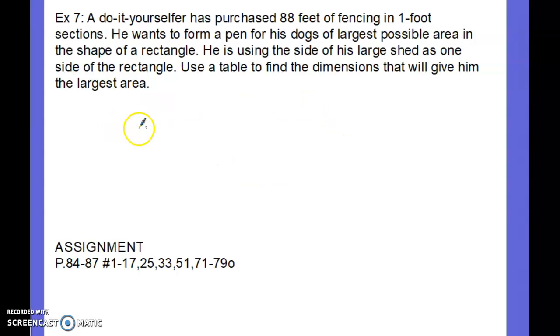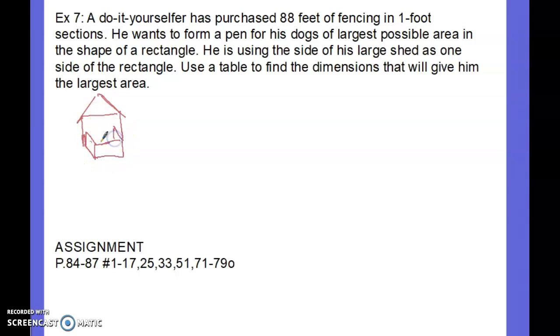Okay, so I would encourage you to read this problem, make sure you understand. So we have this shed, which I don't know, this is giving me my picture of a shed, and they're creating a fencing to the side of the shed for a pen for the dog. Hopefully you can sort of imagine how I'm drawing this.